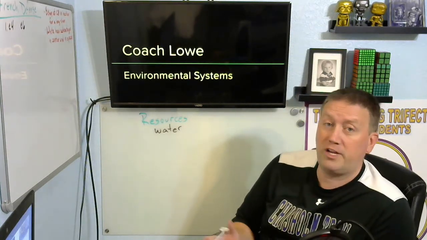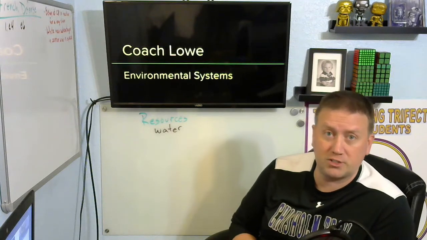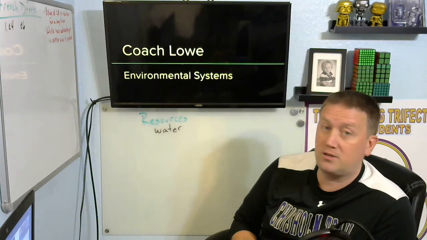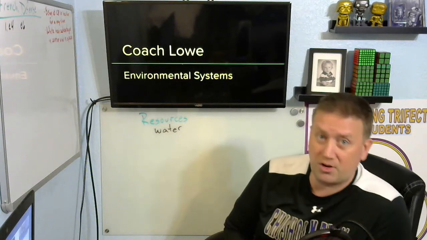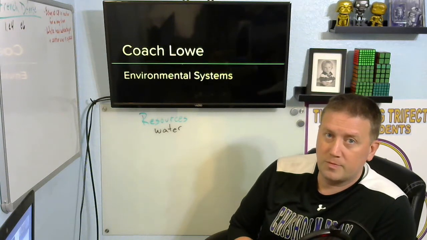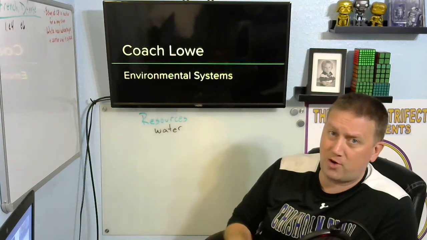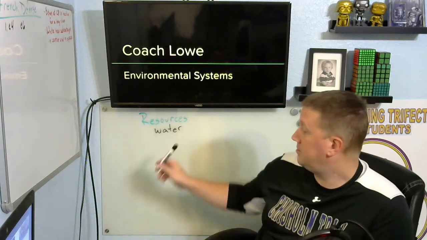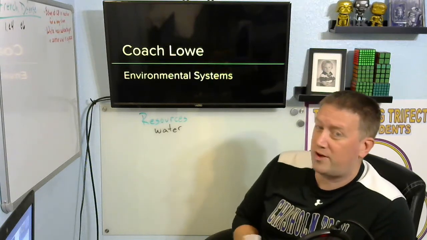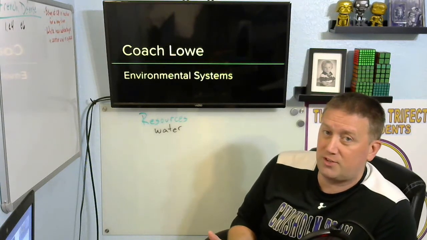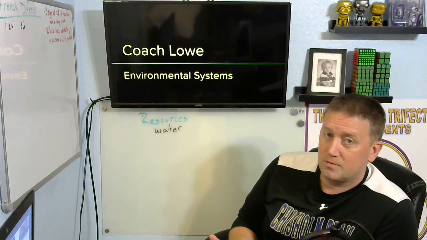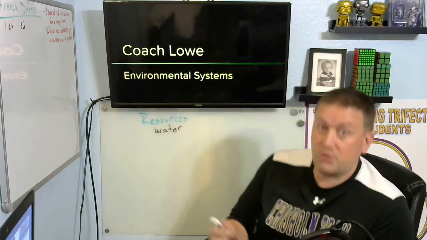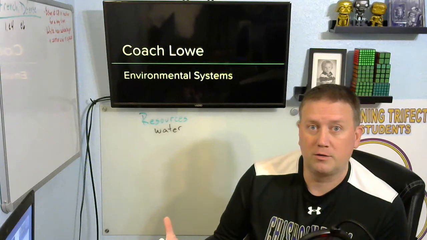Water is a natural resource, and there's a lot of water here on Earth. As we'll learn later on, water covers 2/3 of the Earth's surface. And the Earth's pretty big, so there's a lot of water.